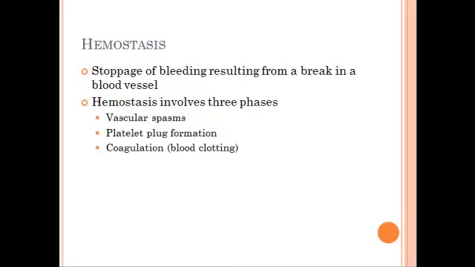So in general, whenever a blood vessel breaks, we have three main phases that happen. Number one, we have what are called vascular spasms. What's happening here is the blood vessels are starting to constrict that blood flow so we can keep from losing too much blood. Next, we have platelet plug formation.